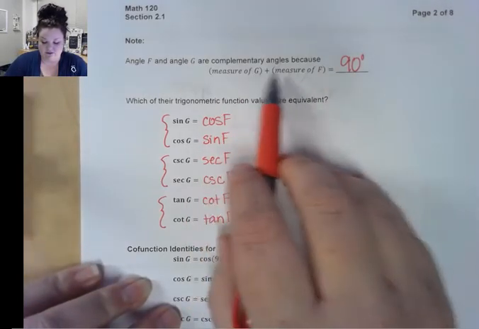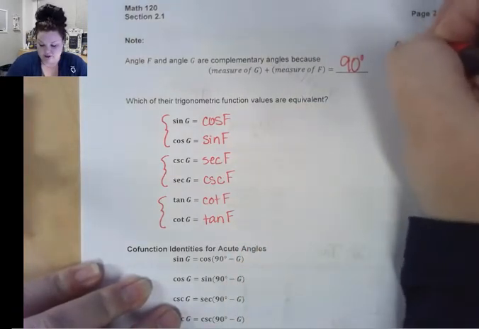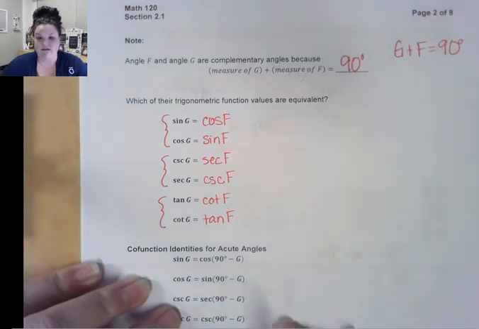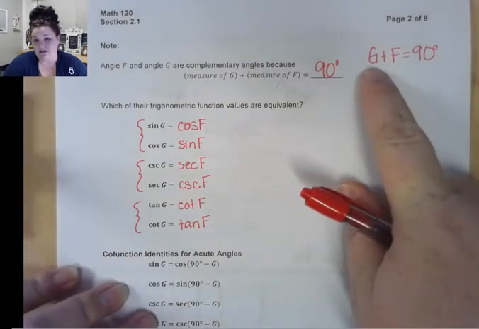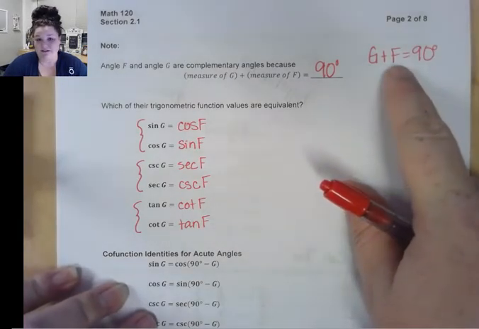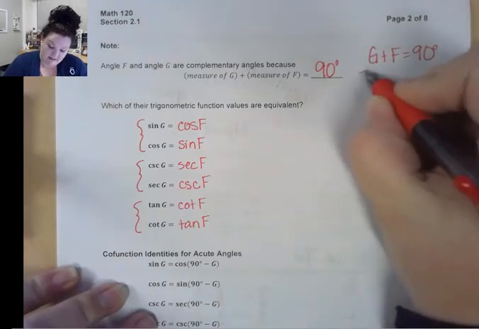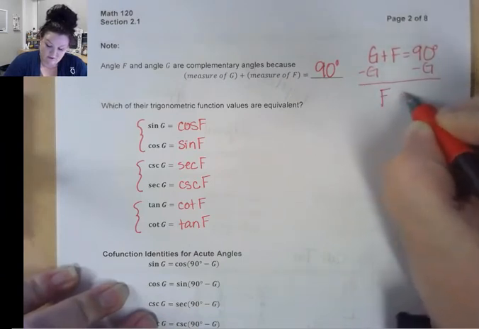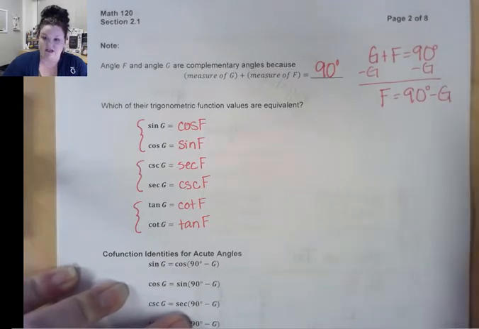Instead of saying the measure of G and the measure of F, I'm just going to say G and F. So this means that G plus F equals 90 degrees, right? So let's pretend I knew what G was, but I didn't know what F is. The way that I could solve for F is I could take that known value of G and subtract it from 90 degrees. Or in other words, F is equal to 90 degrees minus G, right?